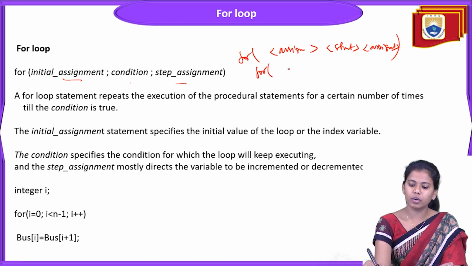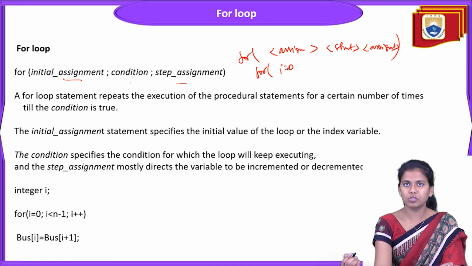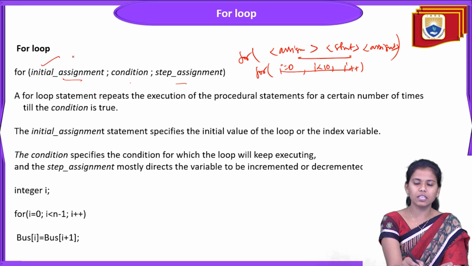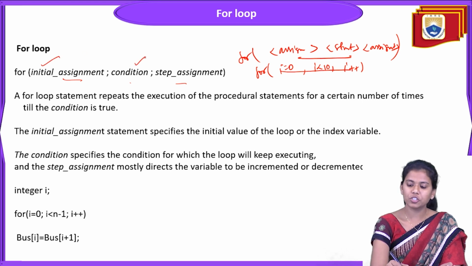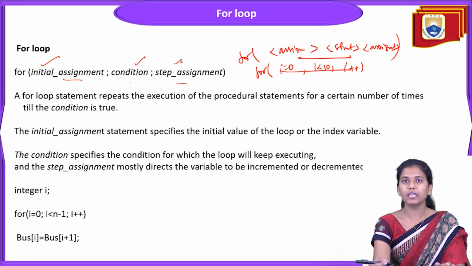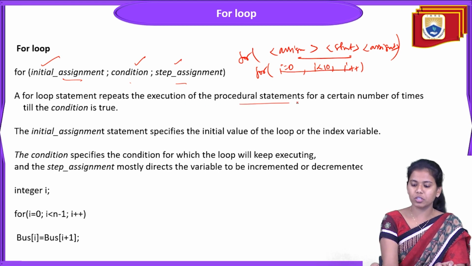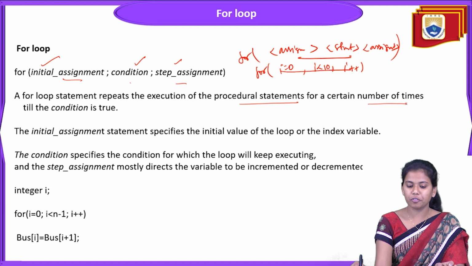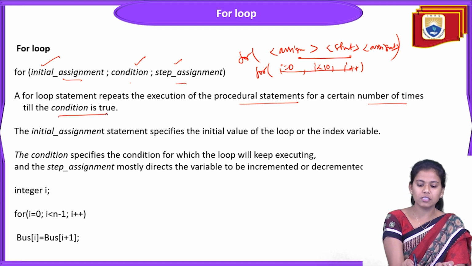Why? Because for assignment I is equal to 0 or 10 and the statement I less than 10, then I plus plus. Okay, this is what we will see in the for loop. So initial assignment, condition, step assignment. Then the for loop repeats the execution of the procedural statement for a certain number of times till the condition is true.